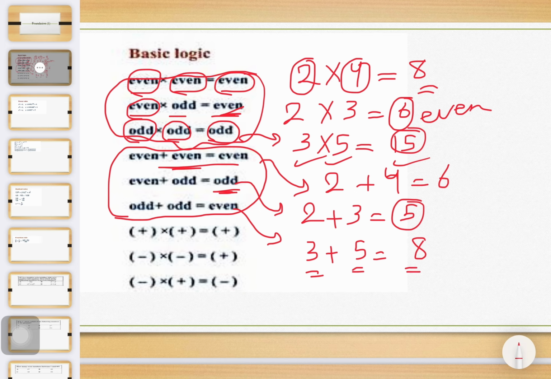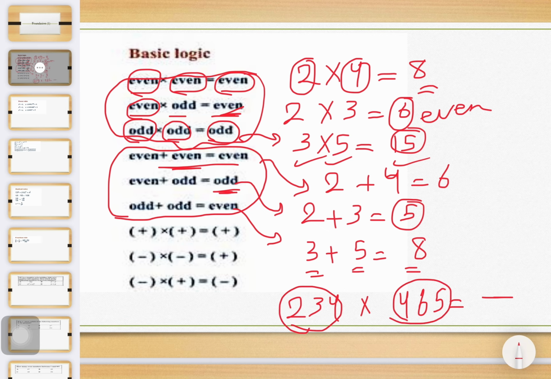Okay, these are basic logics to be faster in solving questions like this one. You don't need to multiply. You only need to know that even times even is even. So if you have a big number like this one times a big number like this one, and he asks you to get the answer, here it's an even number and here it's an odd number.